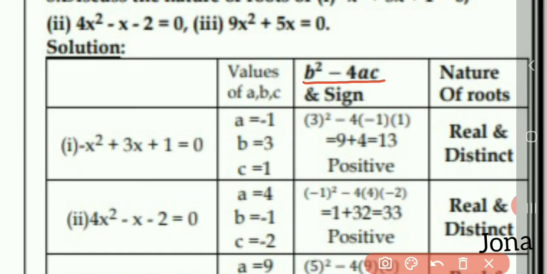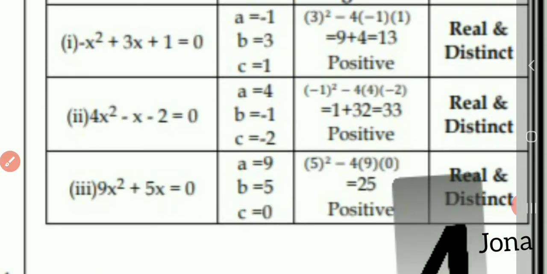If it is greater than 0, the roots are real and distinct. If it is equal to 0, the roots are equal.